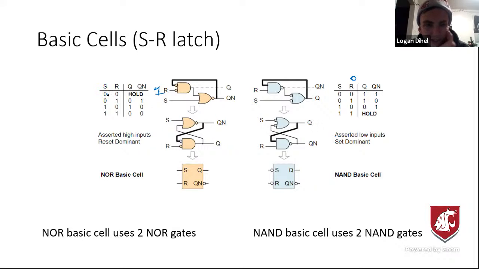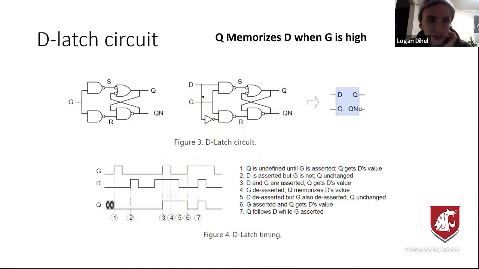If set and reset are both not asserted, then it's just going to hold its value. Sometimes you can get some astability with these. I think if you assert 1 and 1, then you can actually get metastability, which moves us on to the next circuit, the D-latch circuit.